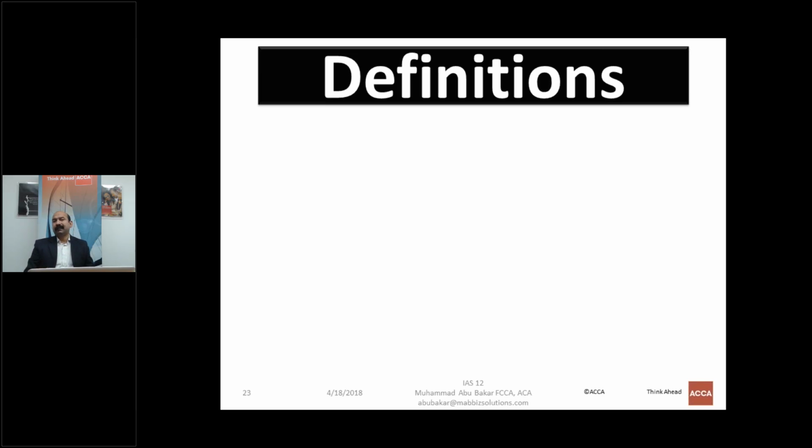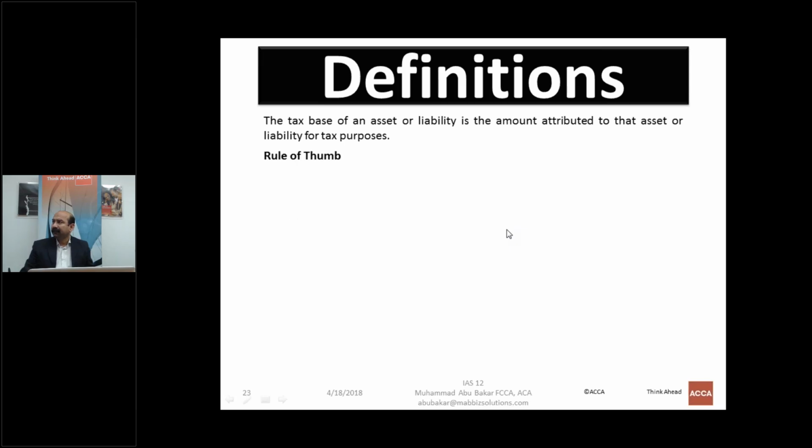So as we discussed in the last session, there is a rule of thumb. There are some principles which were devised from our practical situations, from the information given in the question.